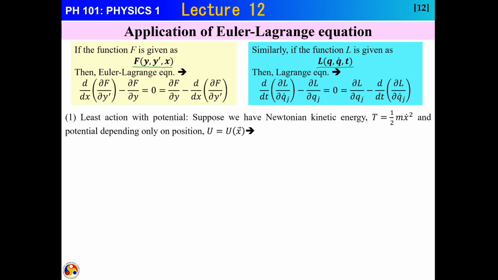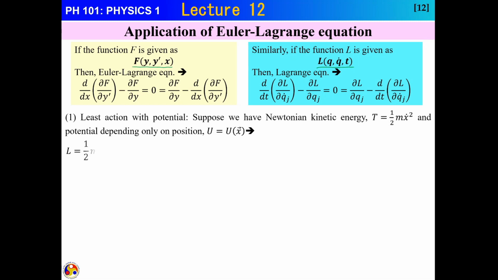If I say a particle exists in a potential, what would be the least action? So when you say particle, let's say simply one dimensional, and the potential is also position dependent. So we have T and you have U, and you can construct the Lagrangian.